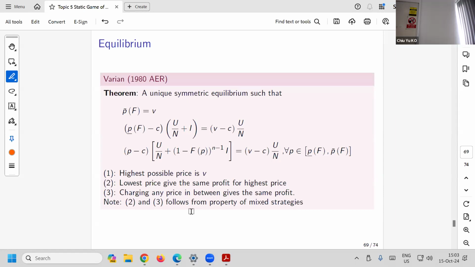Because you're the lowest, everyone is doing the same F, symmetrically. And I set my P, I am the lowest only if you charge more. F(P) is the probability you charge less than P. 1 minus F(P) is the probability your price is higher than my price. So you have to make sure everyone is higher than you, then you get this. Otherwise, you don't get this. Very good.